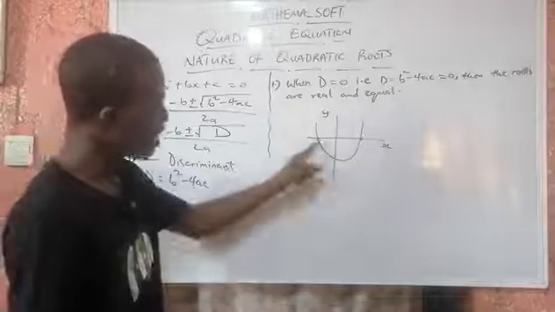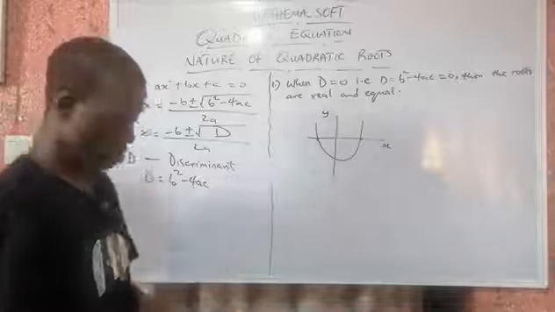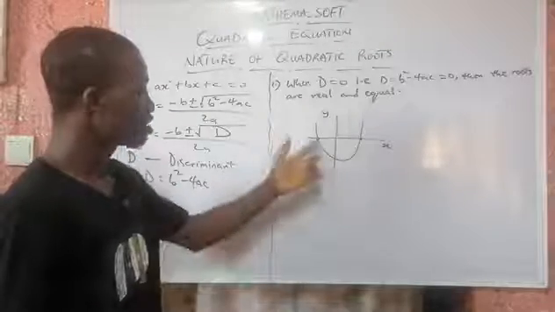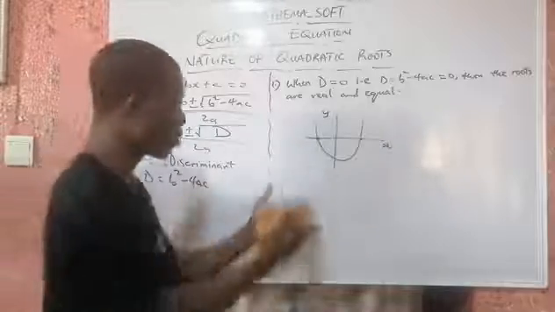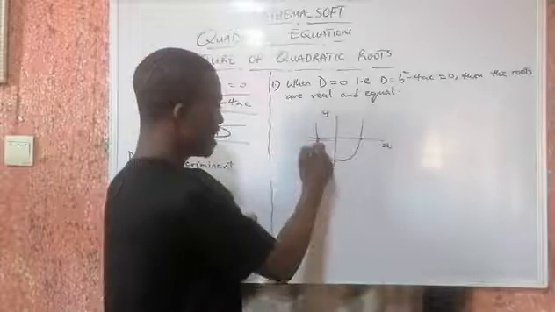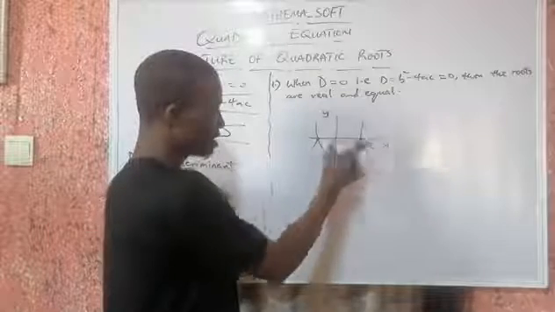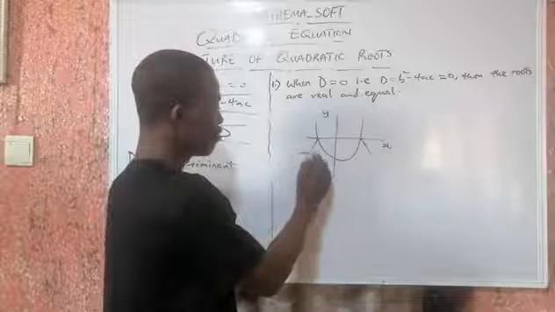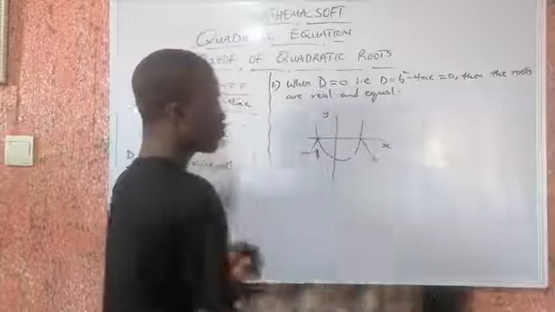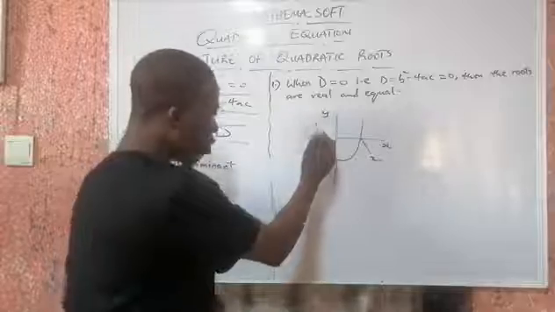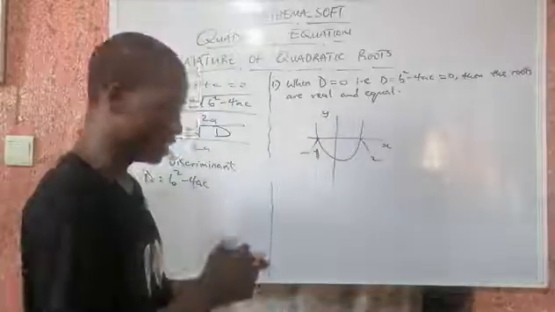Reading out where this curve cuts the x-axis will tell us the roots. Here is negative, here is positive. So whatever the quadratic equation may be, we have one value, maybe let's say -1, and another value, let's say 2, on this side. Where the curve cuts the x-axis is the solution of your quadratic equation.